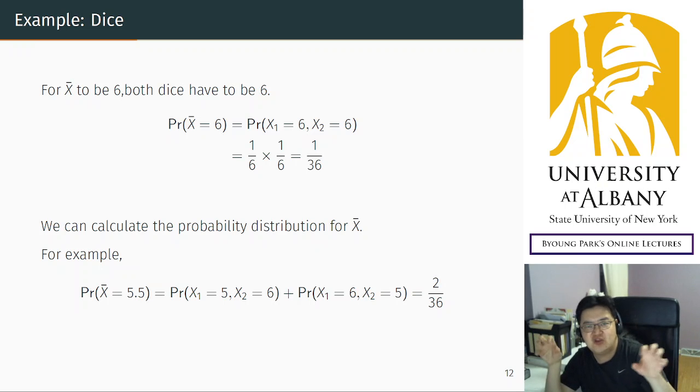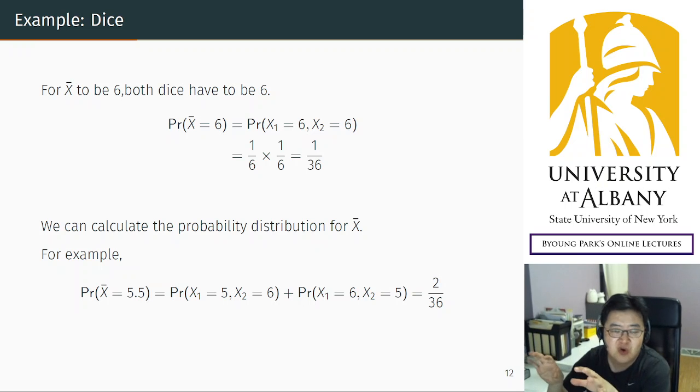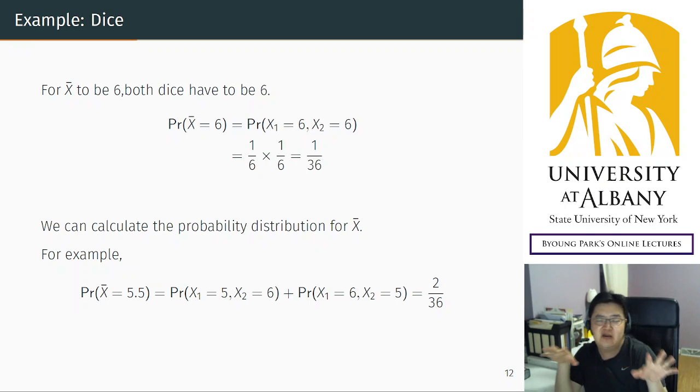Using the multiplication rule, which we studied in chapter 2, you can multiply the probability of each outcome. Here you can actually write it as an intersection, and then the answer is 1 over 36.